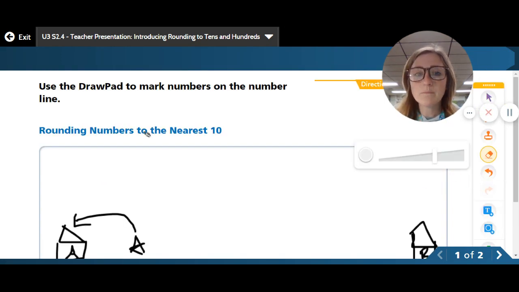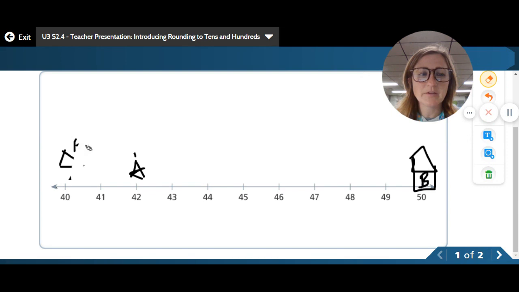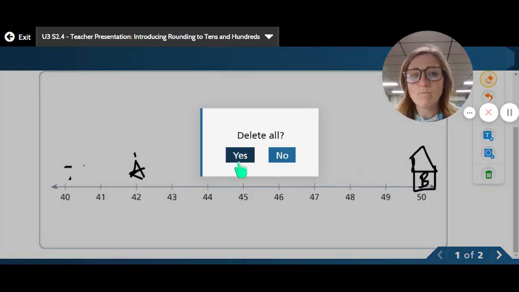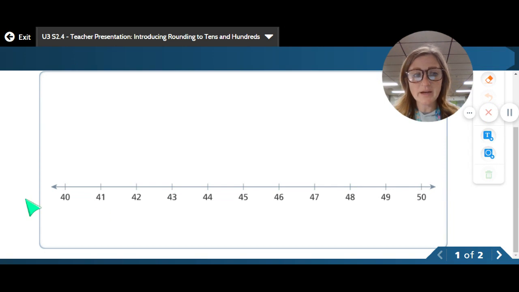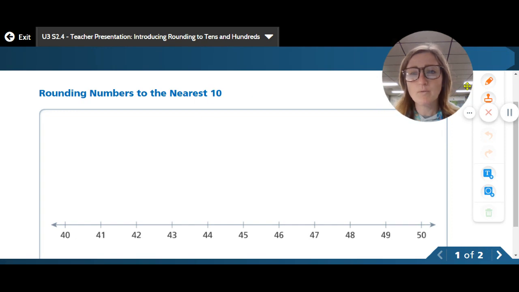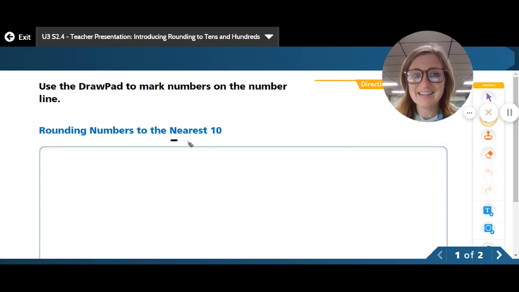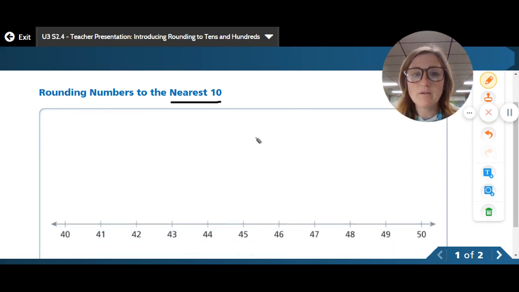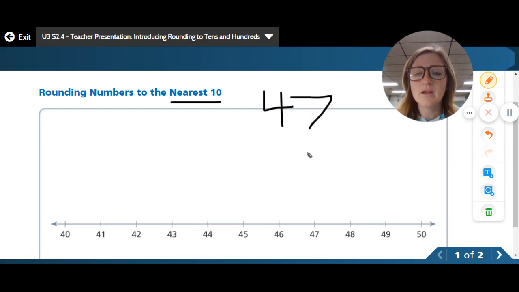So when we're rounding, the number line on the screen here has a 40 at the beginning and a 50 at the end. If we were rounding to the nearest 10, which is what you're doing on your first few practice problems, and your special number is 47, then that means 47 begins with 40.